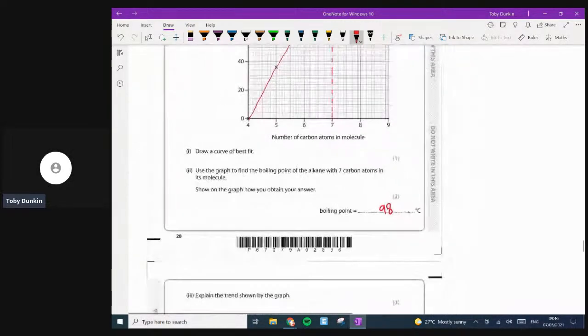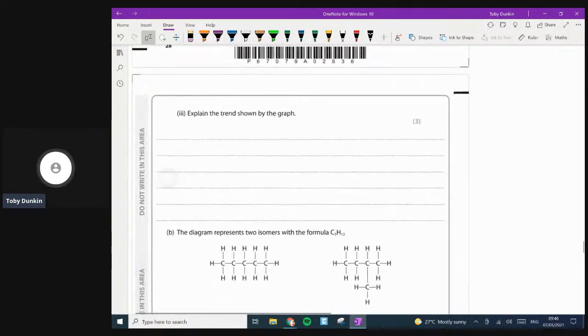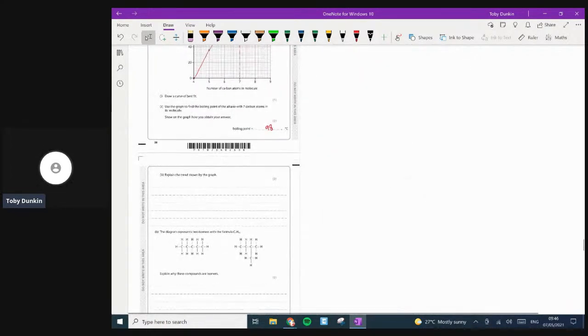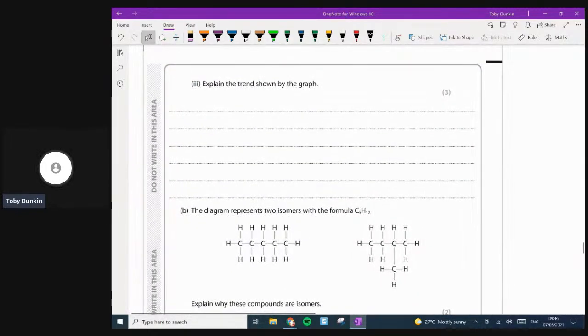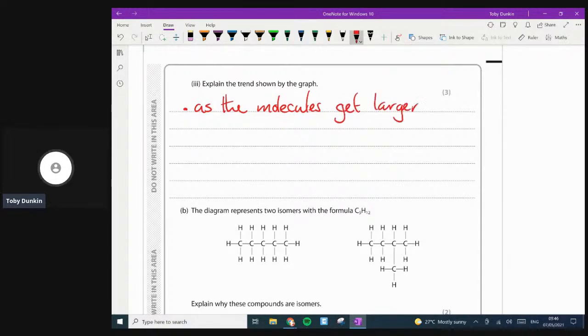Next, explain the trend shown by the graph. So we're actually explaining why the boiling point is increasing. As the molecules get larger, there will be stronger, weak intermolecular forces. Be careful, if you just say stronger, you're about to lose the mark.